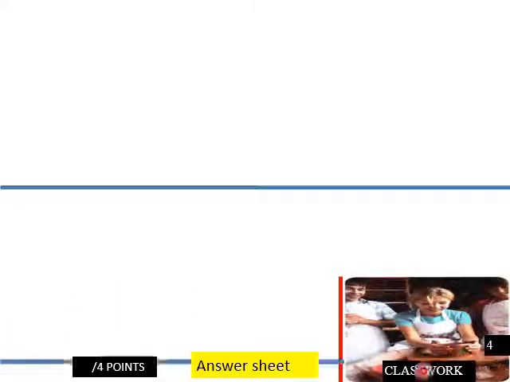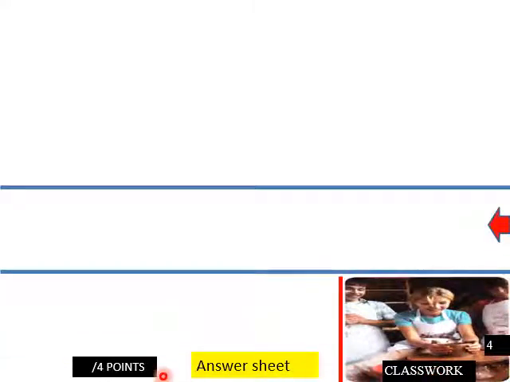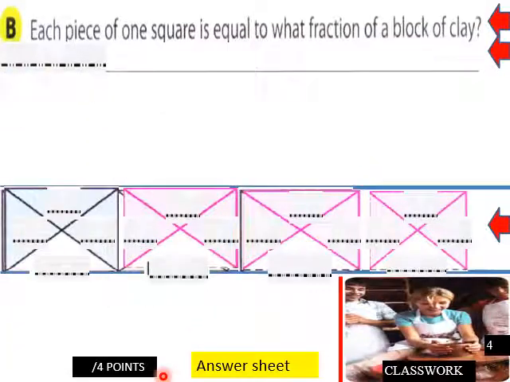This is page 4 of classwork here. Each piece of one square is equal to what fraction of a block of clay? And that'd be 1/4. These blocks are divided into 1/4.